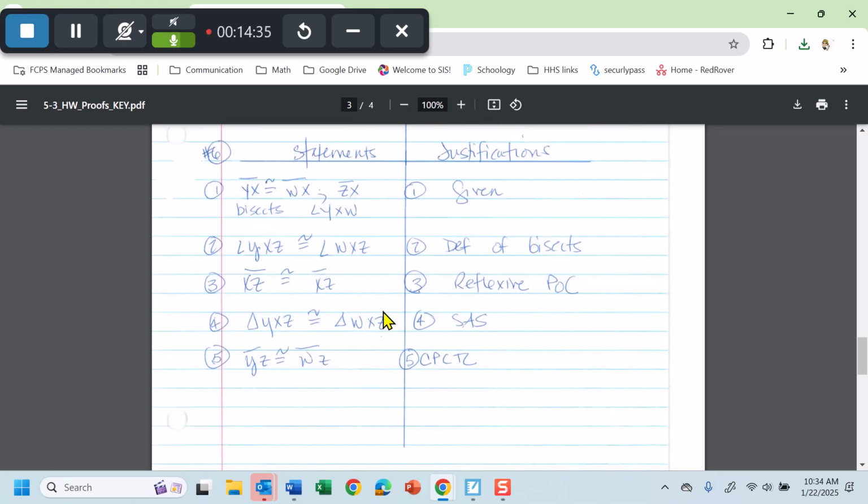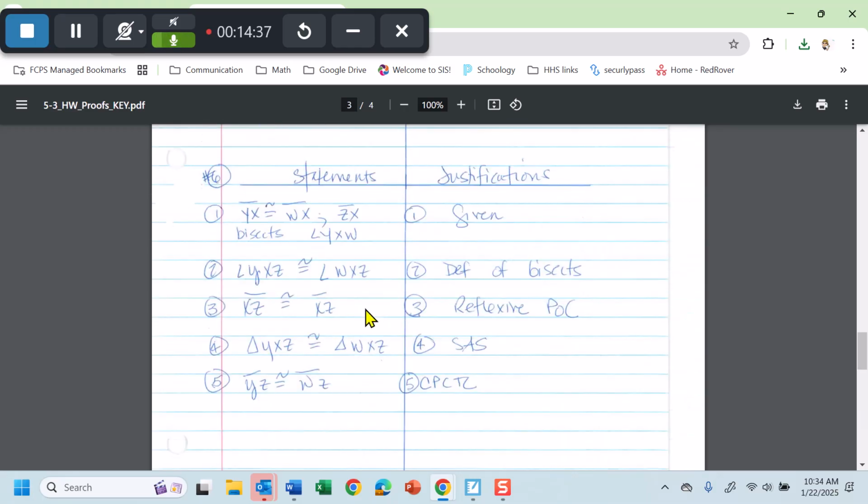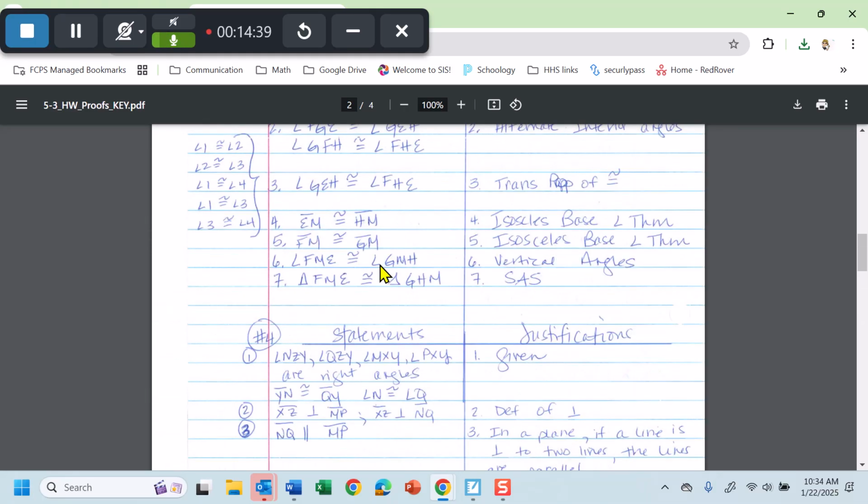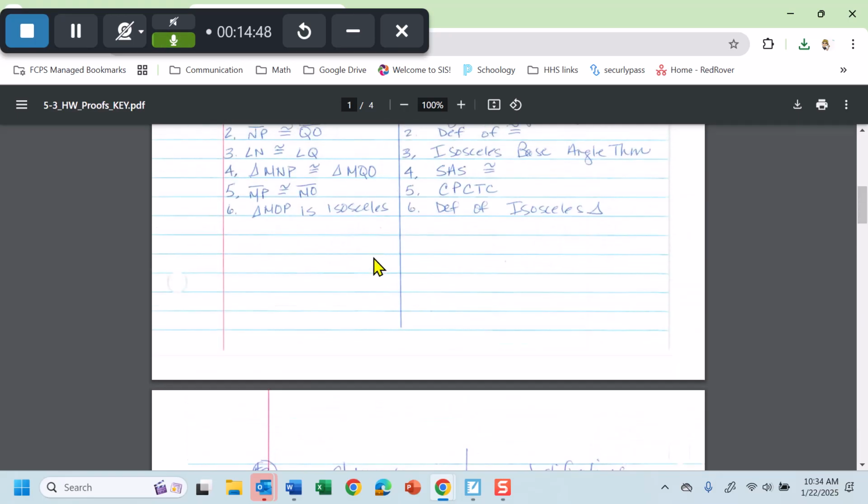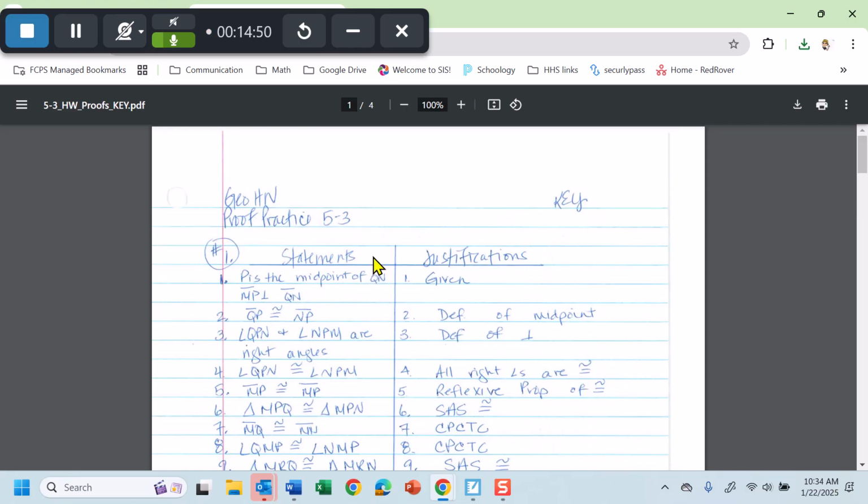So what you're looking at on the back of your warm-up is just my ideas. That's like a rough draft. Think of it like an outline. But it's not an official good proof. Here are the official good proofs that I did on a separate sheet of paper.